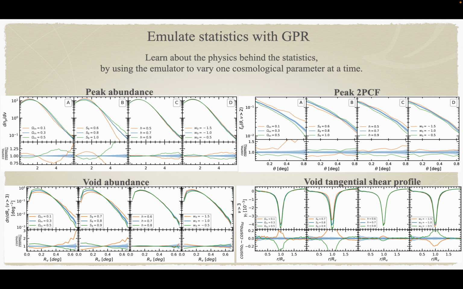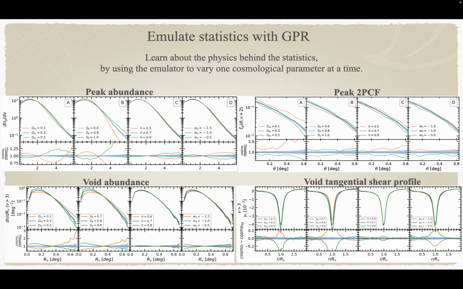On the right, we have the peak 2-point correlation function, and we see here that the peak clustering seems to depend most strongly on omega m, with then a similar dependence on S8, h and w0, where they vary less strongly than omega m, but all similarly amongst themselves.